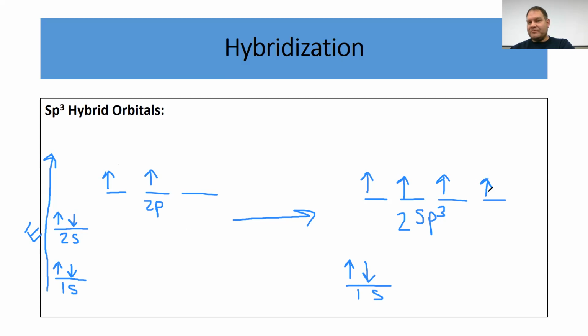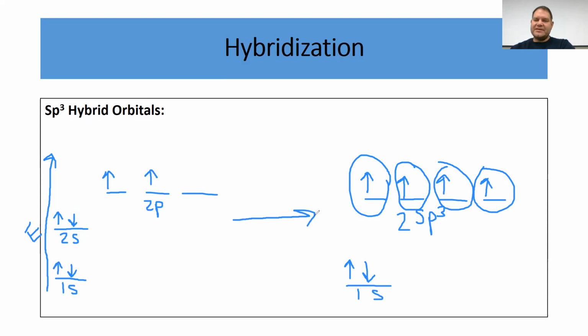Now, look what happened when we made those hybrid orbitals. We now have four possible overlaps that can occur. We can create a bond here, an overlap here, an overlap here, or an overlap here. So therefore, we can create four bonds with the carbon atom, okay?